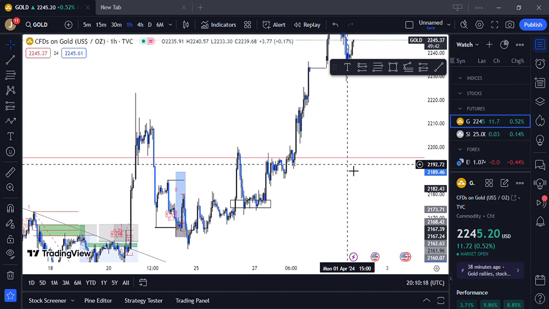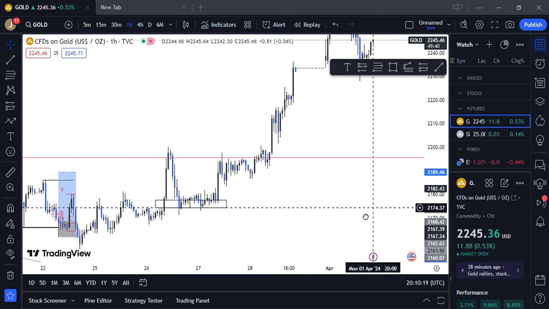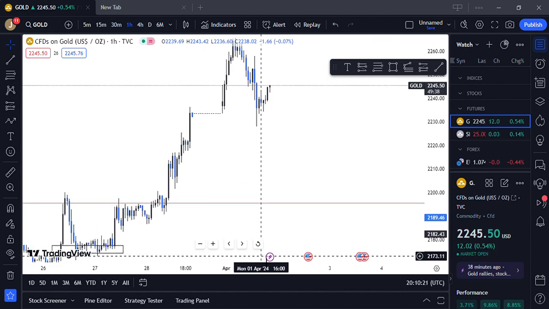I don't trade gold a lot because gold is dangerous. Nasdaq is like the majority of the things that are in the US combined, and I don't know how to explain it. I trade Nasdaq, but you need money to trade Nasdaq so that it doesn't take you out fast.